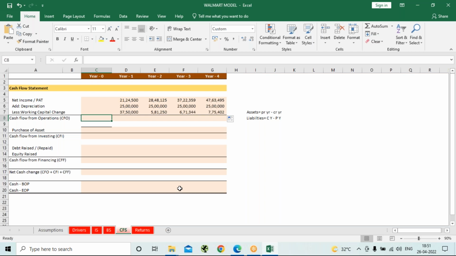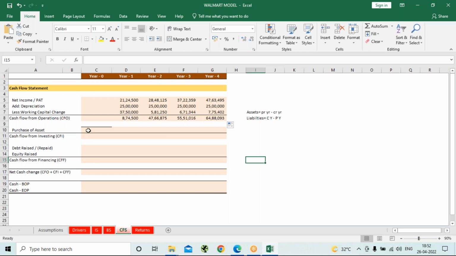So it will be equal to the net income plus depreciation value minus the working capital value. Let me drag it to the last year.